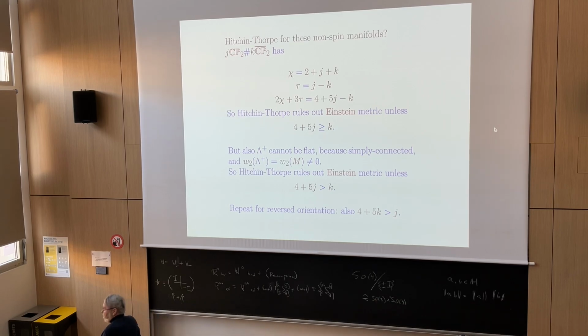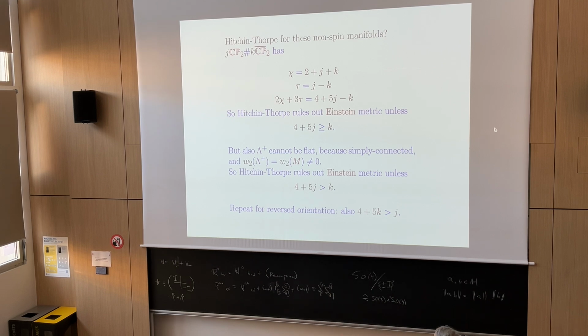And so now, when you think about this a little bit, you'll be able to find huge numbers of compact, simply connected four-manifolds that can't admit Einstein metrics. The simplest example would be, suppose you took a connected sum of 4 copies of CP2 and no CP2 bars. Then K would be 0, J would be whatever you like, so if J is 4 or larger, you can't have an Einstein metric.